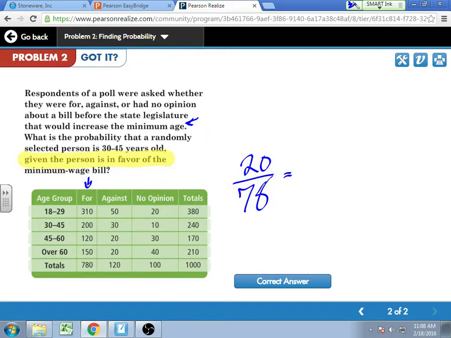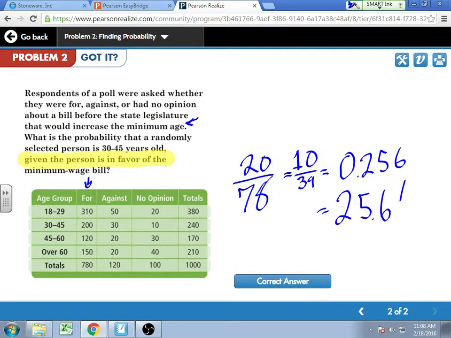You get 10 out of 39. Okay, so we could do 10 out of 39 if we wanted. What do you get when you calculate it? 0.256, which is 25.6% or close to 26%. Can you say approximately 26?